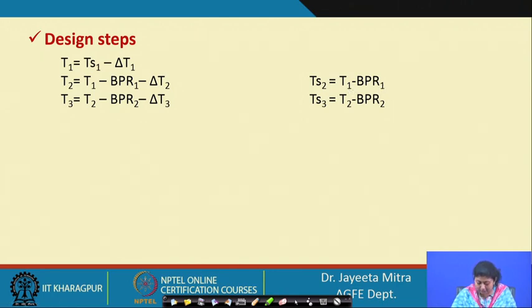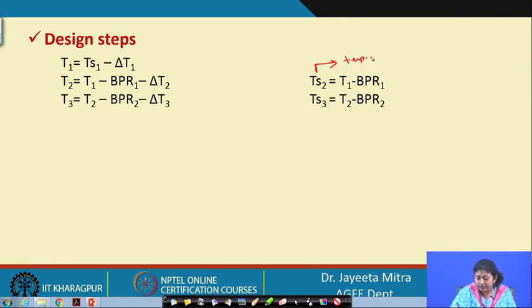So, Ts2 will be T1 minus the boiling point rise in the first effect. This is the temperature of the vapor entering the second effect. Similarly, Ts3 is the temperature of the steam entering the third effect, right.